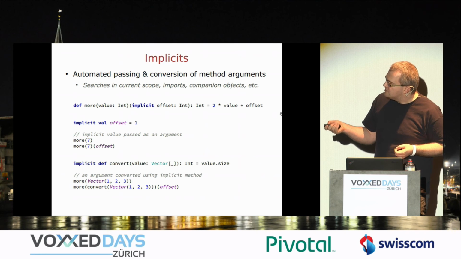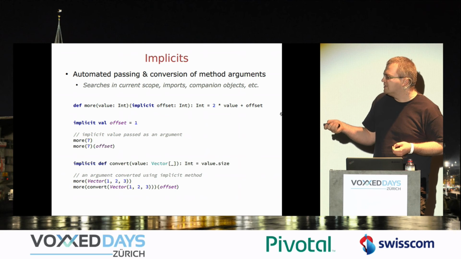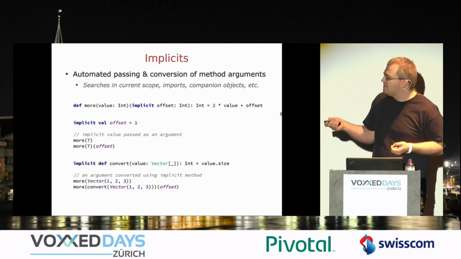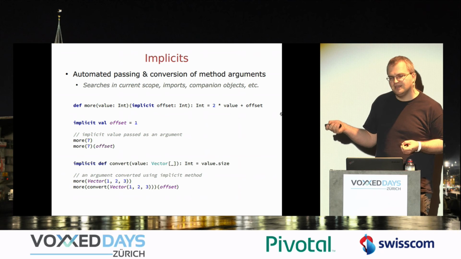If we define a method in scope, which is an implicit method, which takes some different data type as an argument and produces an integer, which is the right data type that this other method needs, then the compiler can find it, automatically call it and convert the argument to the right data type.